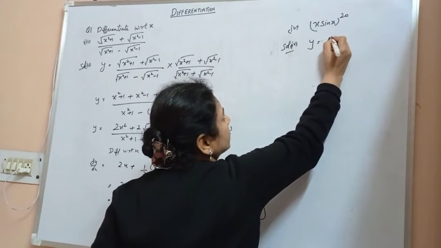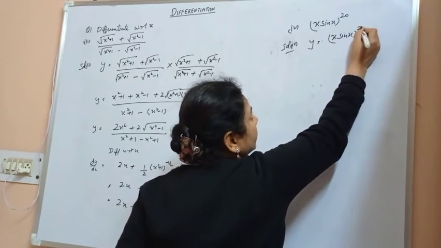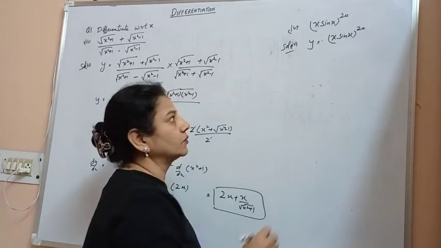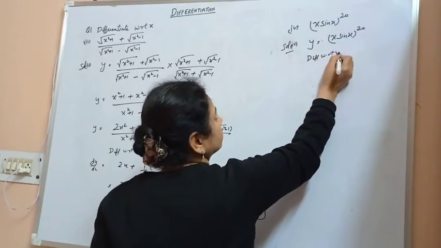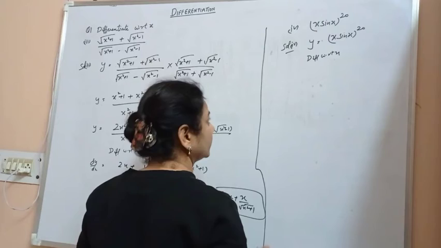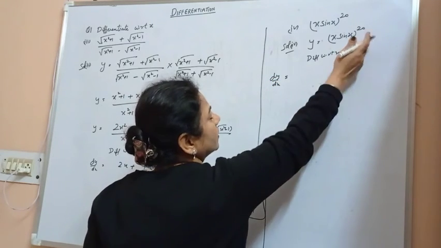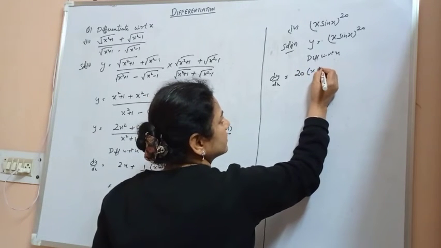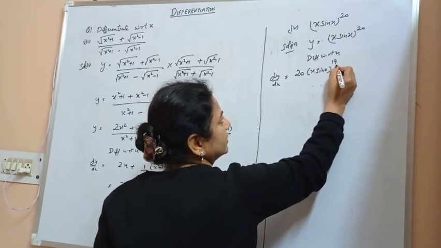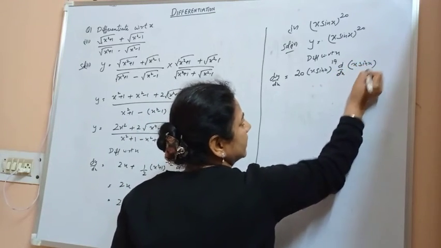Let y be the function. In this case, we apply the power formula as well as the product rule. So differentiate with respect to x. I have dy by dx is equal to, by the power rule, 20 (x sin x)^19 and the derivative of x sin x.